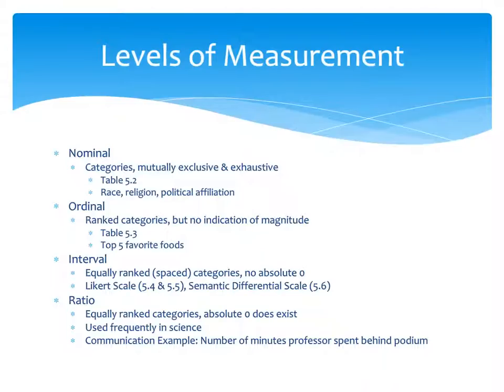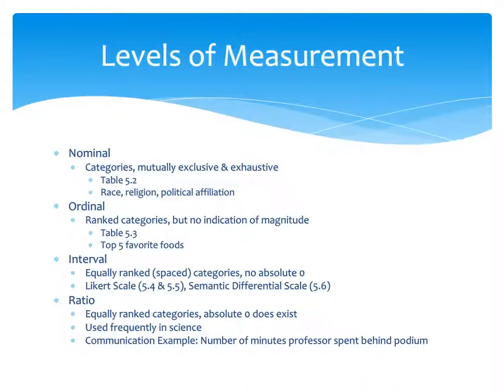The third type is interval, and this is the type of data that you're probably most familiar with from the classes that you've taken in communication studies. We have equally spaced categories with no absolute zero. Likert scales and semantic differential scales are both types of interval level data.